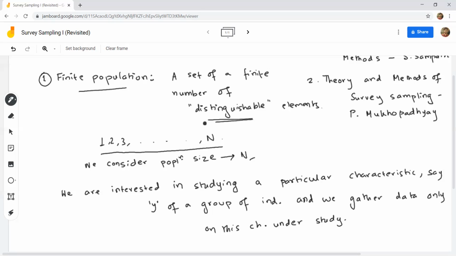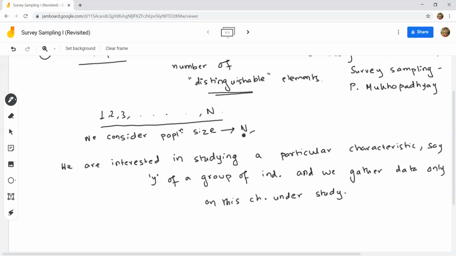We are just interested in the particular characteristic which we are going to study. That kind of data basically forms a representative sample, that is, the sample represents the study you would be conducting, and it also comes from the population of your interest. This is the first step of survey sampling.